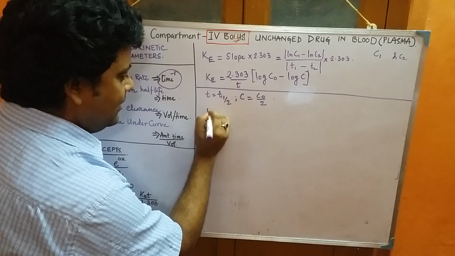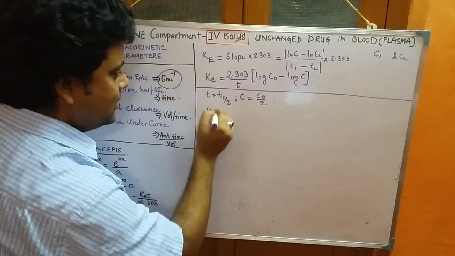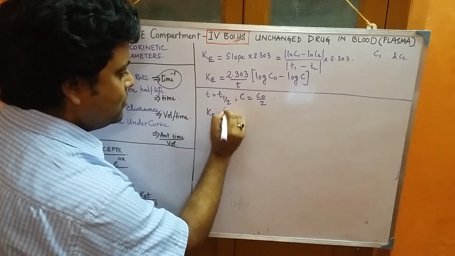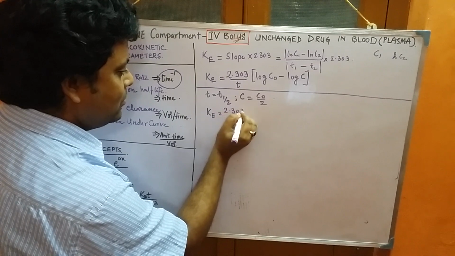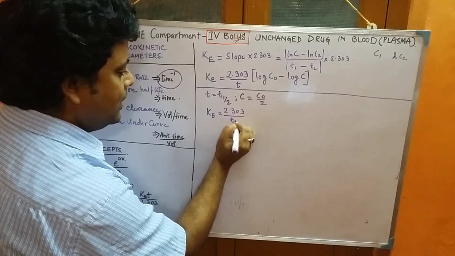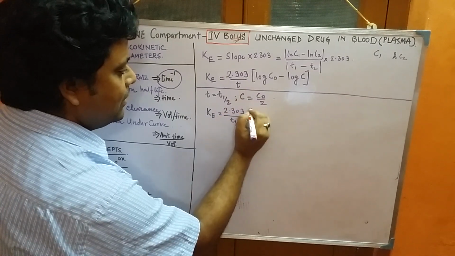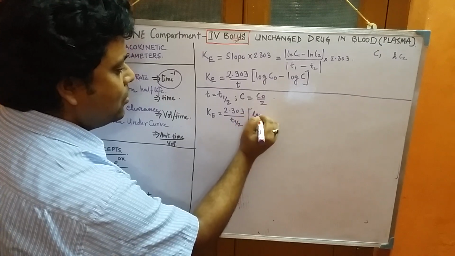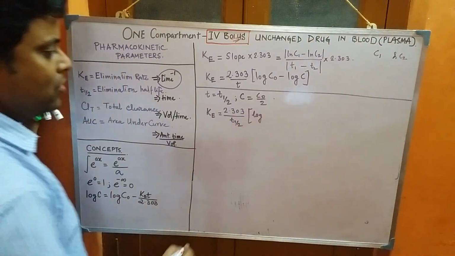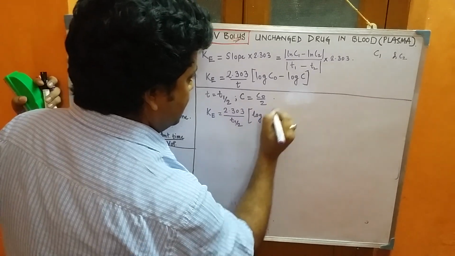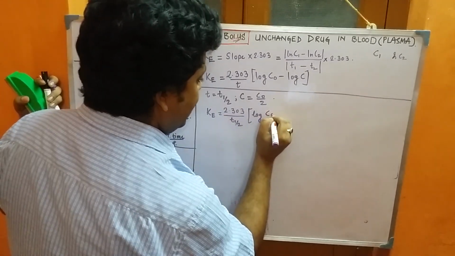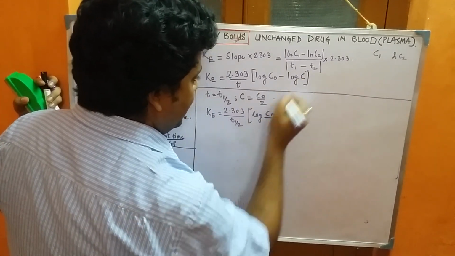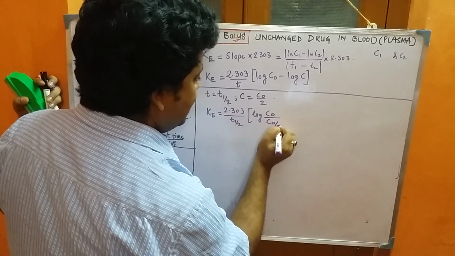So we can write Ke from this equation as 2.303 by T half into log of C naught divided by C naught by 2.